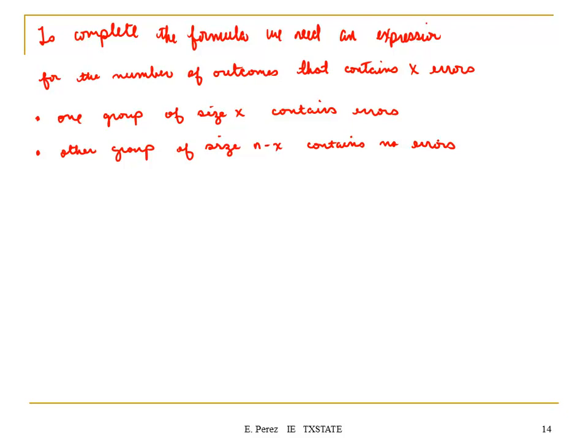So we have two groups from this sample: a group that has errors, and a group that has no errors.